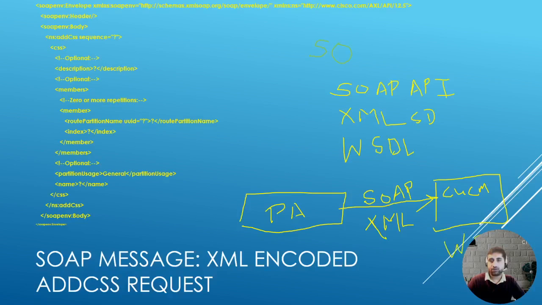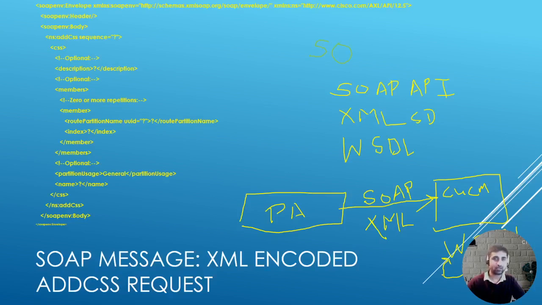And how can you define an object? That object is already defined using an XML schema definition. And then what are the possible things that you could do is provided by WSDL. Making use of these two things, you could provision the objects inside the CUCM database and make life easier for all the colleagues.